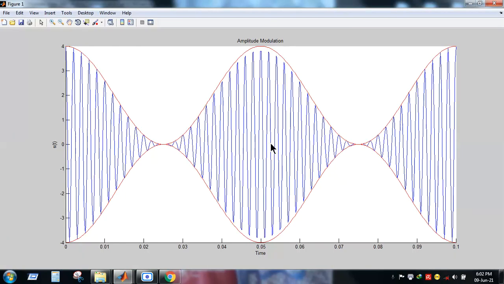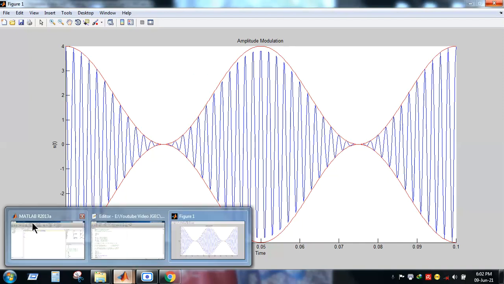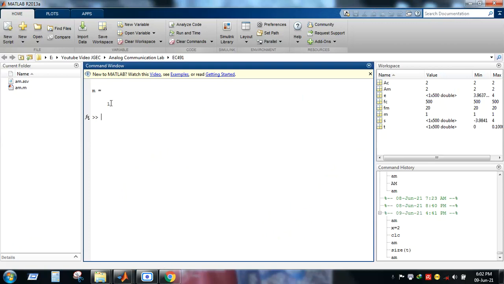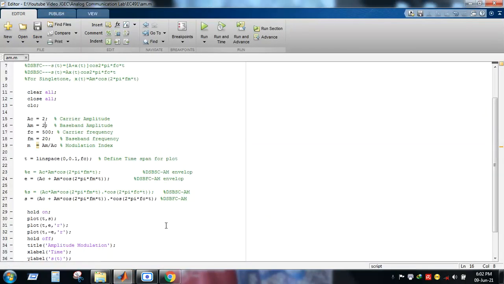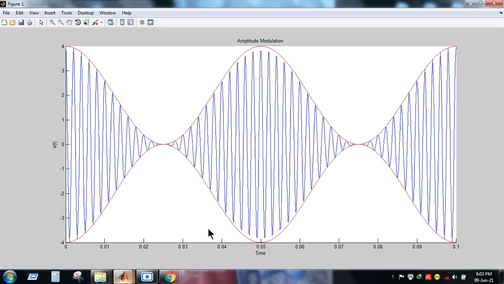Whenever the carrier amplitude and the baseband amplitude are the same, the envelope will touch each other at this point. And the value of the modulation index is showing as 1. So we already know that whenever the modulation index is 1, we call it critical modulation.